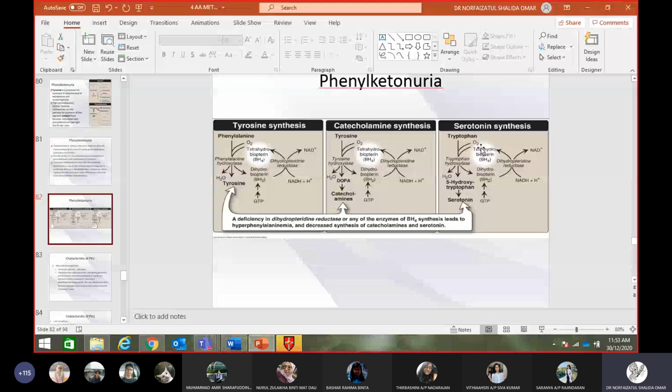When there's a defect in BH4 production, tyrosine, catecholamines, and serotonin also cannot be produced. This second cause of phenylketonuria is very rare. The most common one is due to a defect of the phenylalanine hydroxylase enzyme.